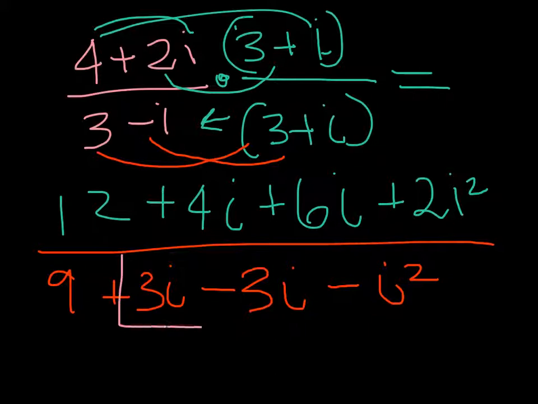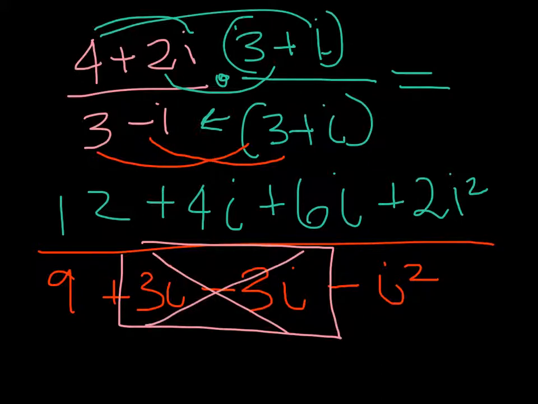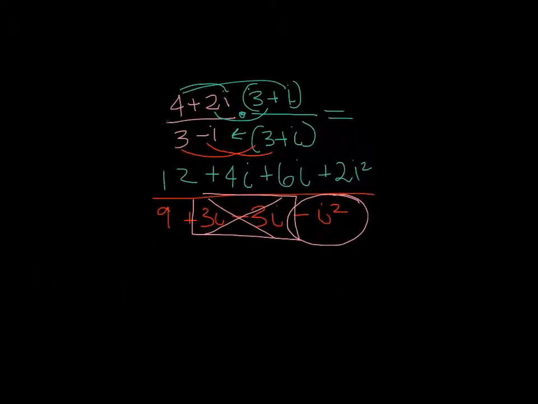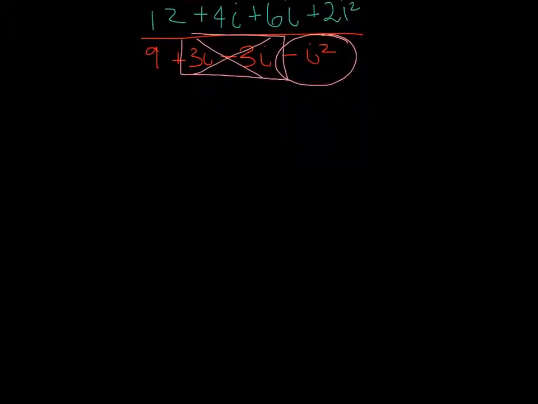As you notice, we have an immediate cancellation of these two because they cancel each other out. Then we also see we have an i squared. We're now able to simplify this equation as greatly as we can.